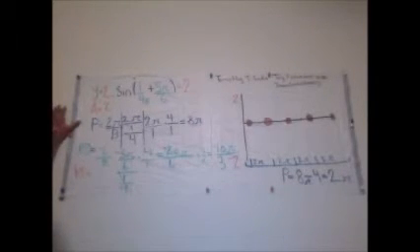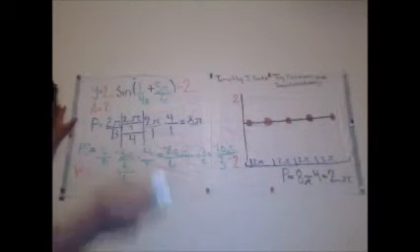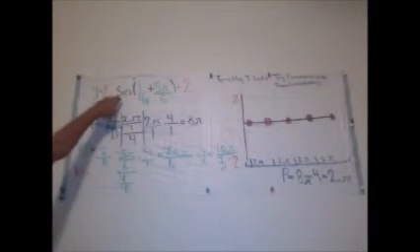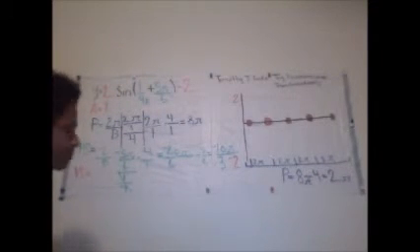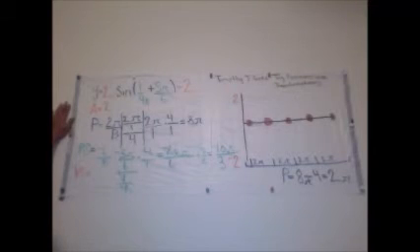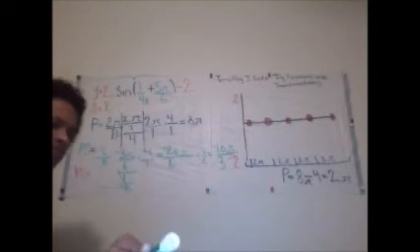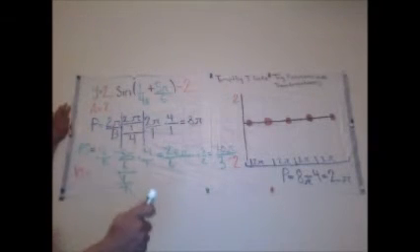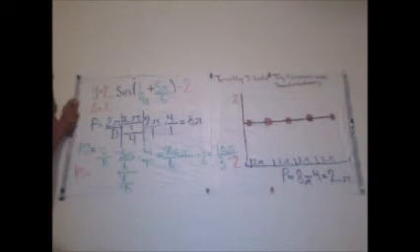Well, it's 2 pi over b, right? And 2 pi is sine or cosine, but that's another lesson. And our b value is the number before what? You're right, the x.